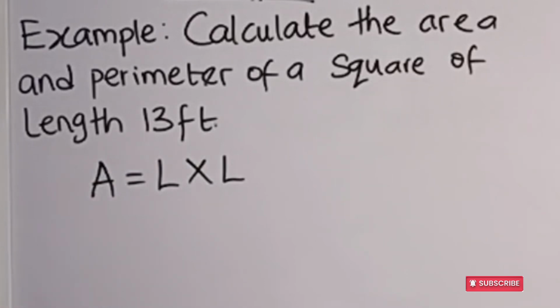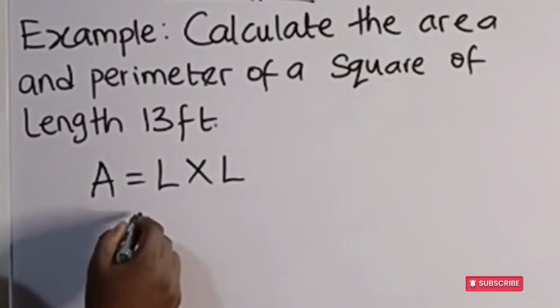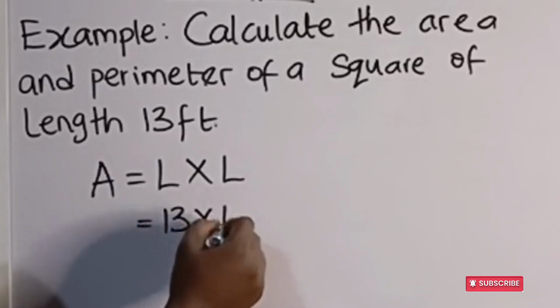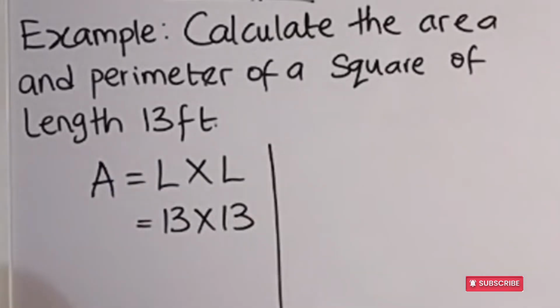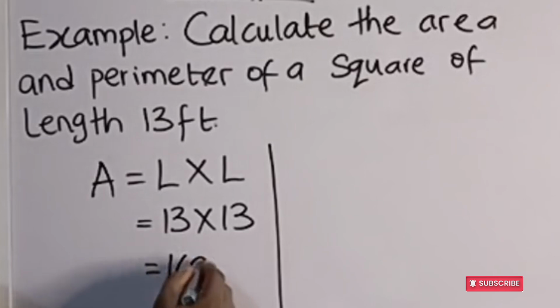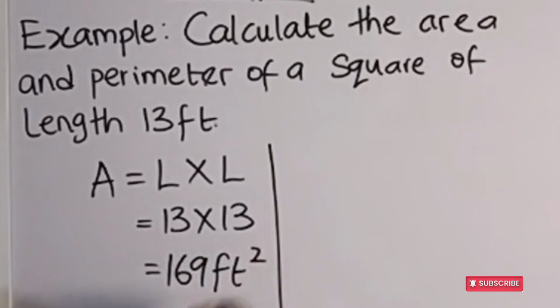So we know that the length is 13. So 13 multiplied by 13. So what's 13 multiplied by 13? 169. So the area of this square is 169 square feet.